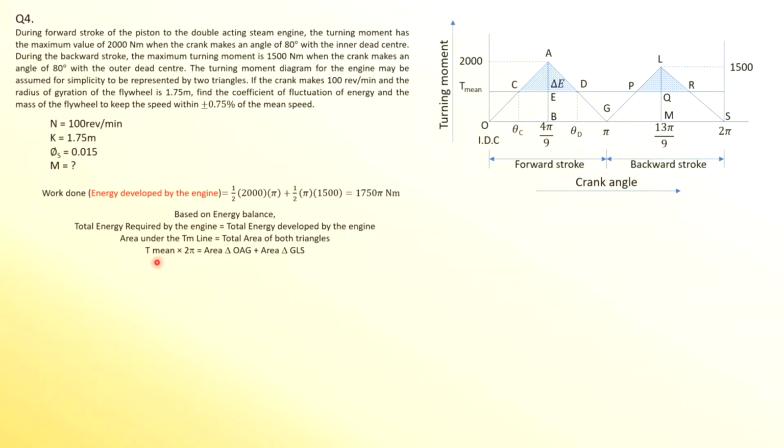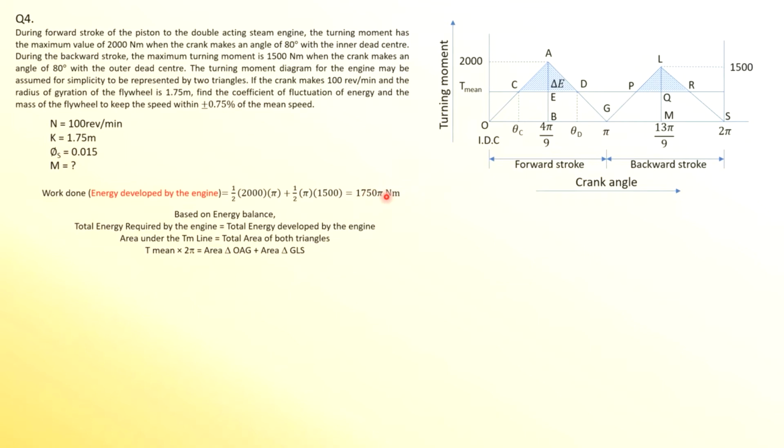The area below the mean torque line is T times 2 pi, the height multiplied by the base, 2 pi. Then equate it to the area of triangle OAG plus the area of triangle GLS.